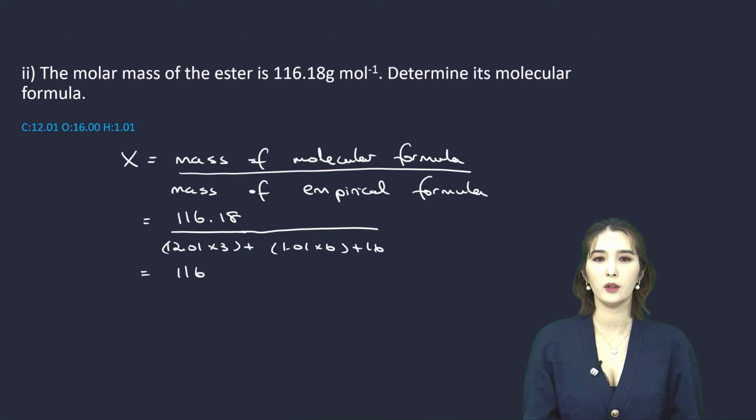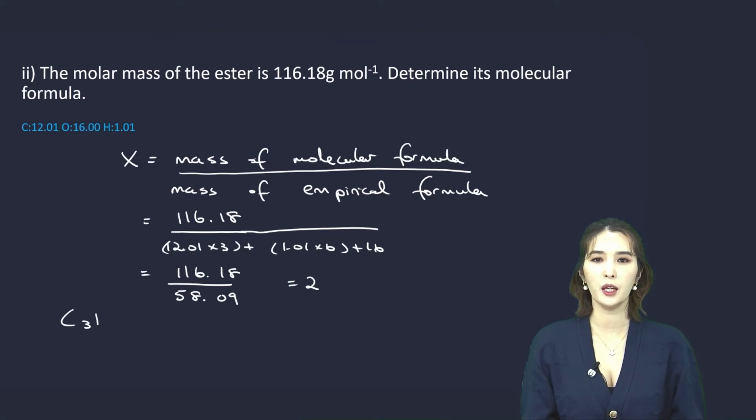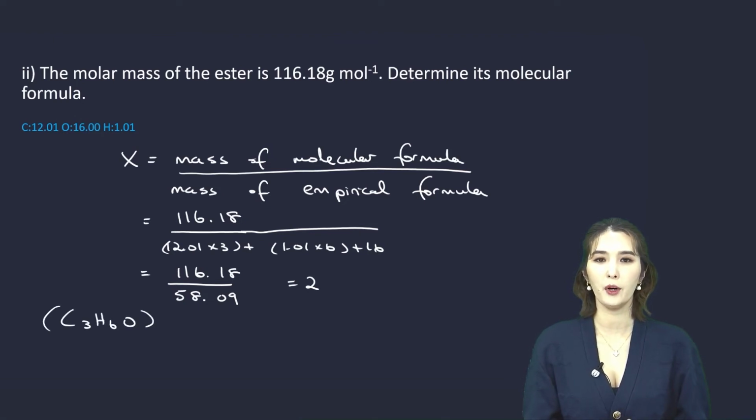And that's going to give us 116.18 divided by 58.09, which will roughly give us 2. And so then we multiply everything in the empirical formula by a factor of 2. And so we're going to get C6H12O2 as the final molecular formula for this question.